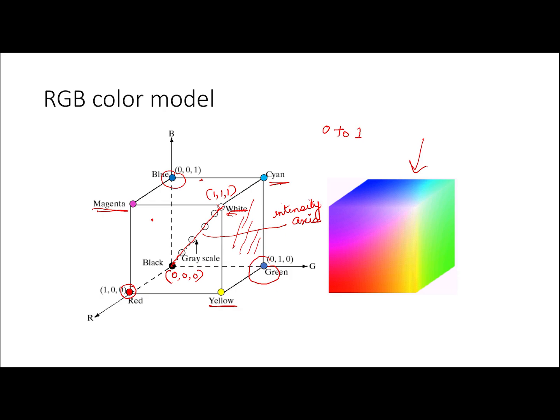So in this color cube, the point 1 0 0 represents red, and along the horizontal axis the color varies from red to yellow. Similarly, this is the point 1 1 1, so this point represents white. In this particular case, each of these color components, that is red, green and blue, is represented by 8 bits.